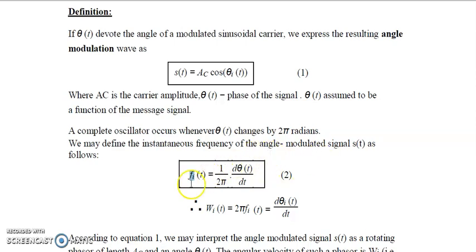So if we have to take instantaneous frequency, then we have to differentiate the complete theta. That's why here it is d theta t by dt. Those who are finding it complicated, just have patience, listen to it completely, and then you can separately send me your queries.